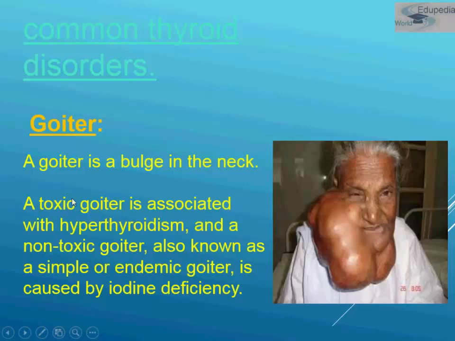A toxic goiter is associated with hyperthyroidism, whereas a non-toxic goiter is known as simple or endemic goiter, and it is caused by iodine deficiency. But bulging of the neck will take place in both cases, the hyperthyroidism case and the hypothyroidism case.